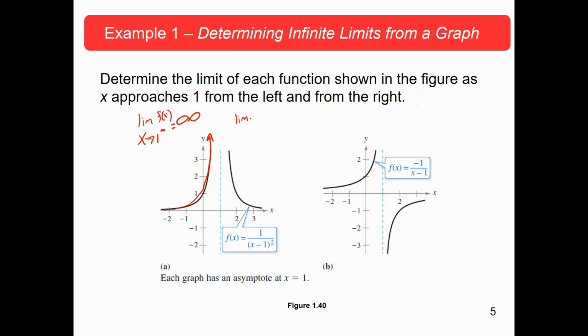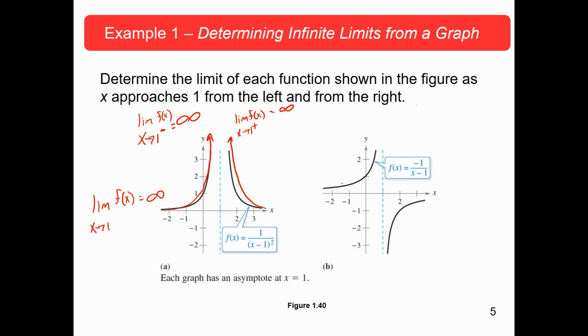If we look at the limit as x approaches 1 from the right, so we're coming from the right, it's still going up. Still positive infinity, which means that the actual limit can be written, the limit of f of x as x approaches 1 is going to be infinity.